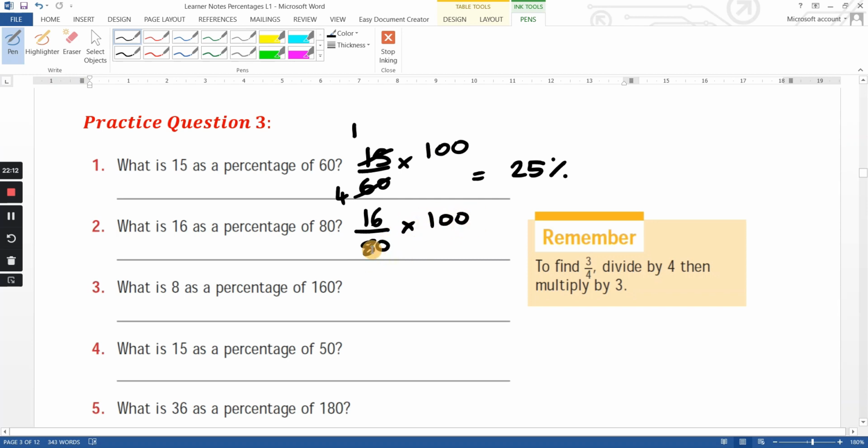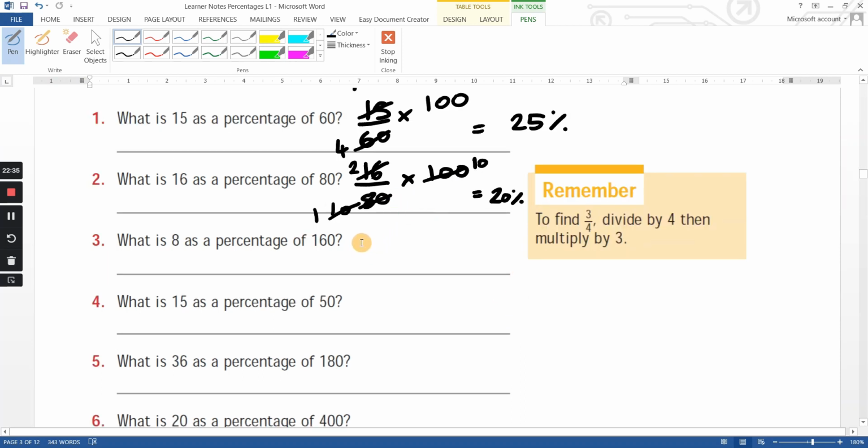Again, I'm going to simplify this. 8 goes into that twice, 8 goes into that 10 times, and 10 goes into that once, 10 goes into that 10 times. You'll get 2 times 10, which is 20%.